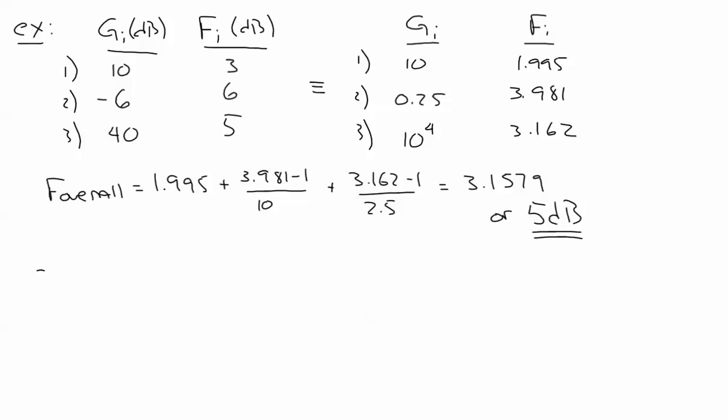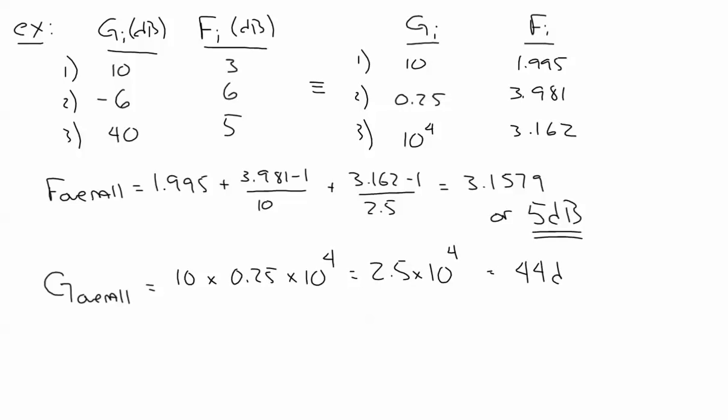What about the overall gain? Overall gain. All right, that's just going to be 10 times 0.25 times 10 to the 4th, and that is 2.5 times 10 to the 4th, or 44 dB.